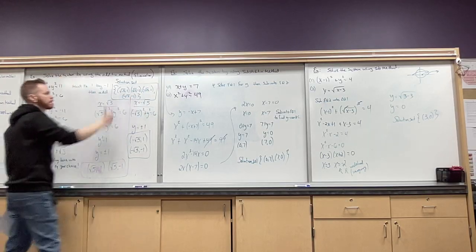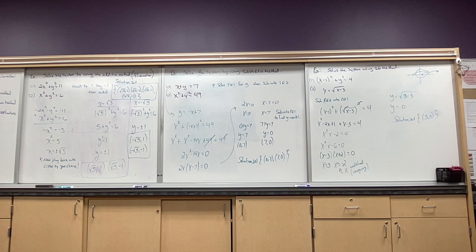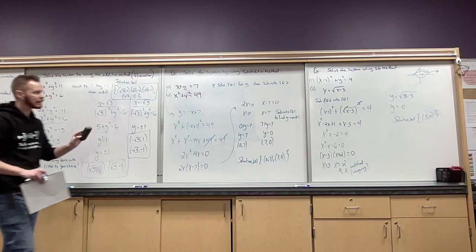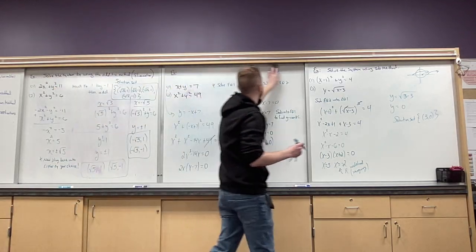So there we go. All right. Questions on that? There's a lot of things happening. Calculation-wise, it's not bad. It's just keeping track of everything. So the more organized you are, especially with rewriting some of this stuff, the less likely you make a mistake.